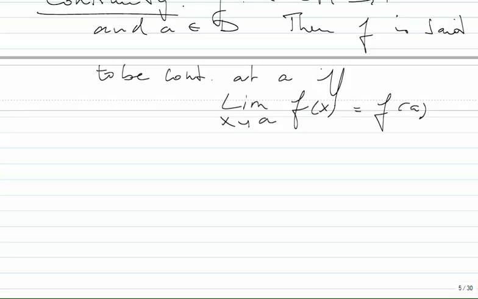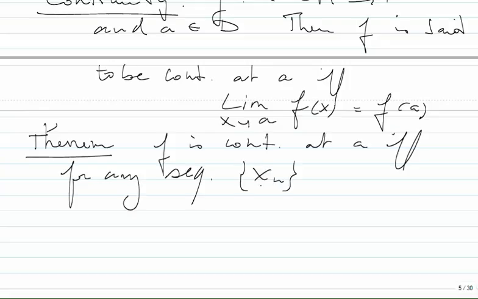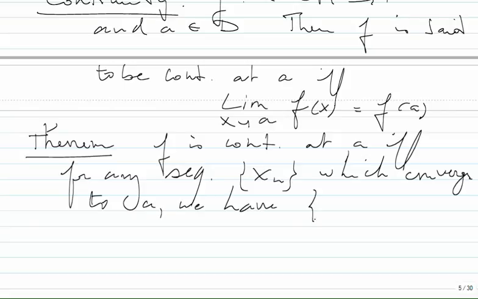And now if we translate the sequential characterization we have for the limit into this setting, we get the following theorem, which is basically a characterization of continuity. f is continuous at a if and only if for any sequence xn which converges to a, we have f of xn converges to f of a.